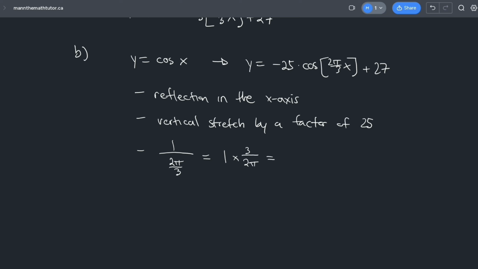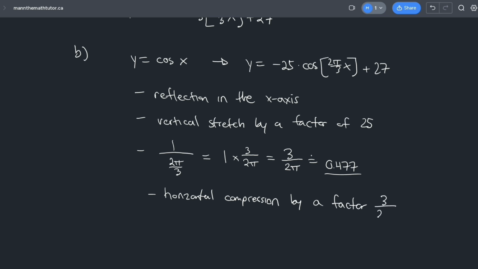So we just get 1 times 3 over 2 pi, which, if you want to convert that to a decimal number so you can understand what that looks like, is approximately 0.477, right? Because it's less than 1, this indicates that we actually have a horizontal compression by a factor of 3 over 2 pi exactly.